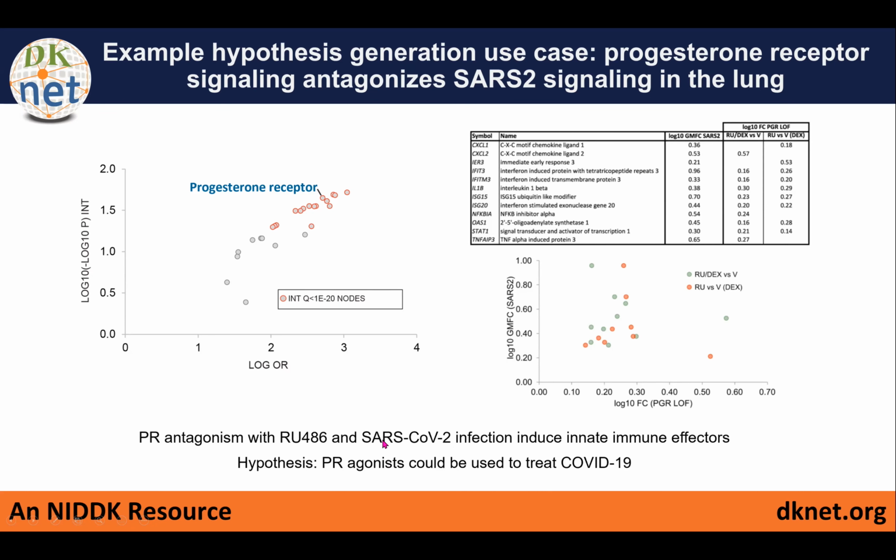And so this led us to hypothesize that agonists for PR might be used to actually treat COVID-19. Now, since we don't have our own lab, or we don't have access to patients, this was all that we could do, was to put this out there.